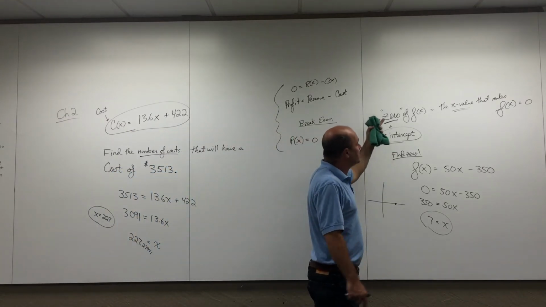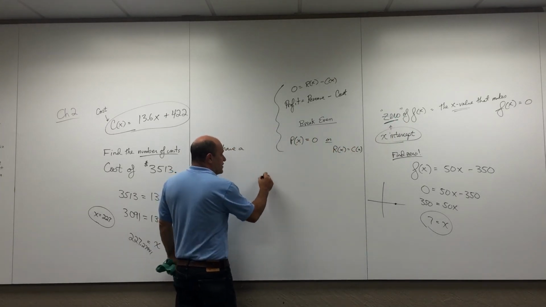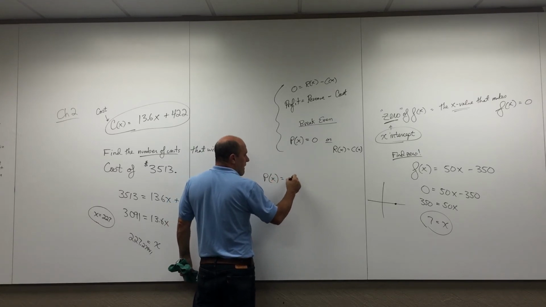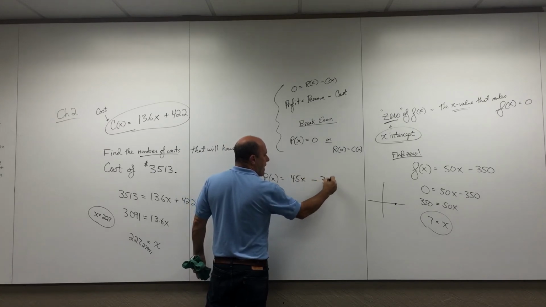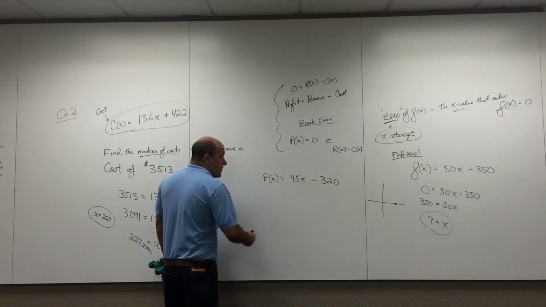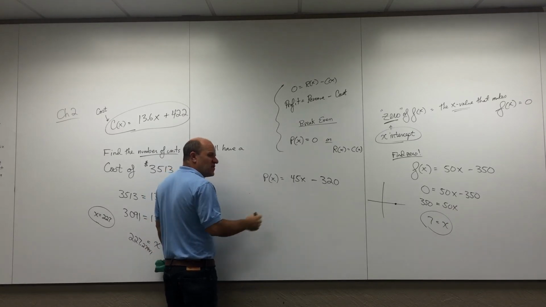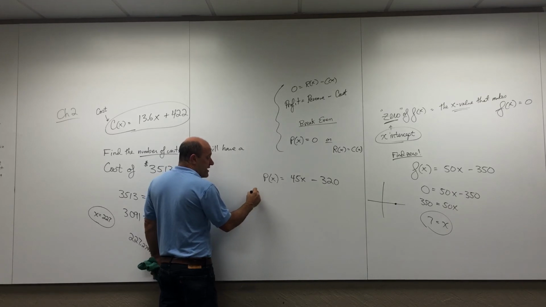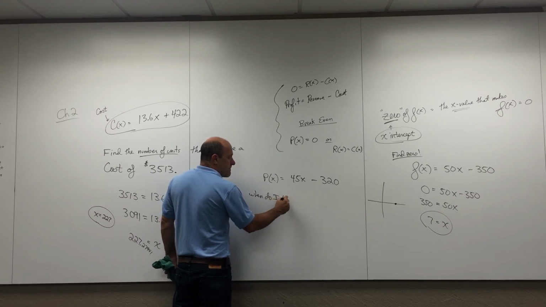If I ask you for the 0 of the profit function, here's a profit function. When do we break even, or what value of x? x is always the number of things we produce. When do we break even? It's not a time though.